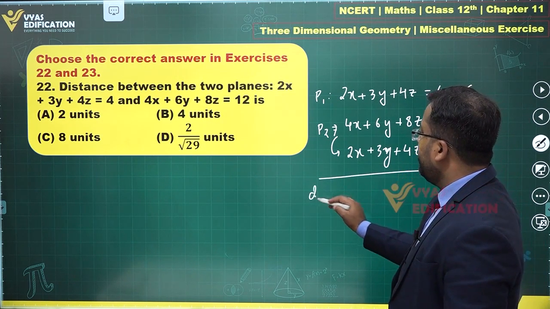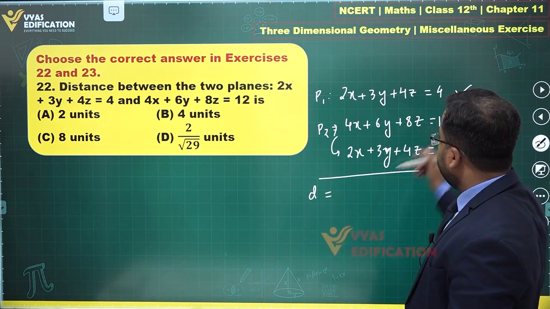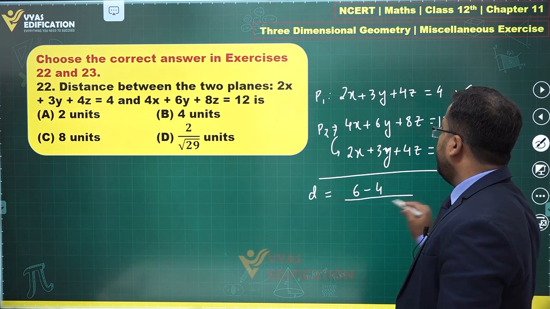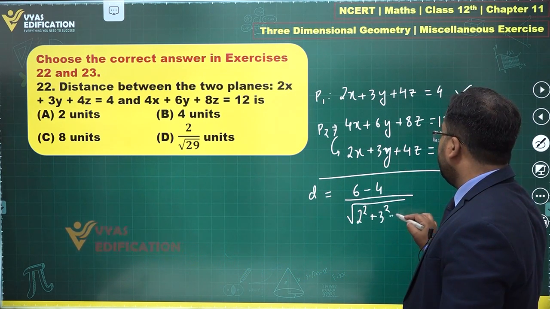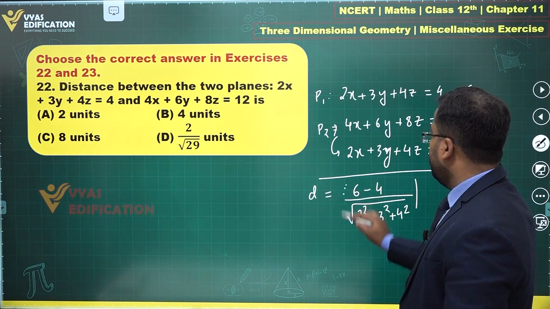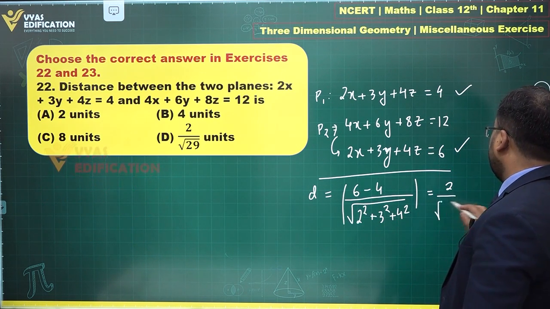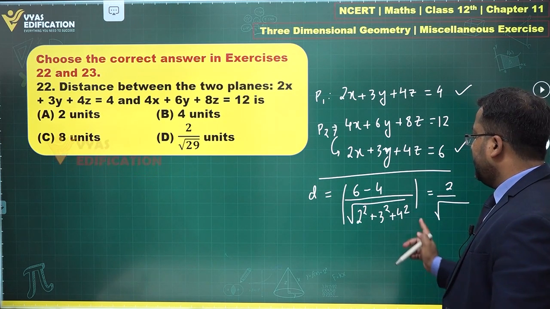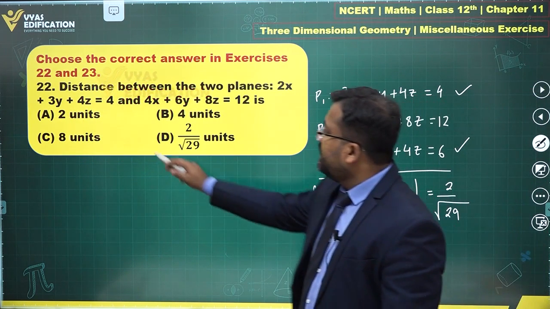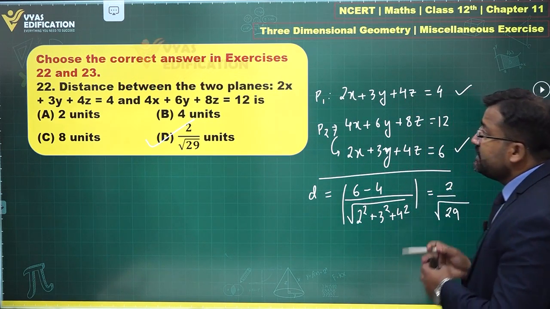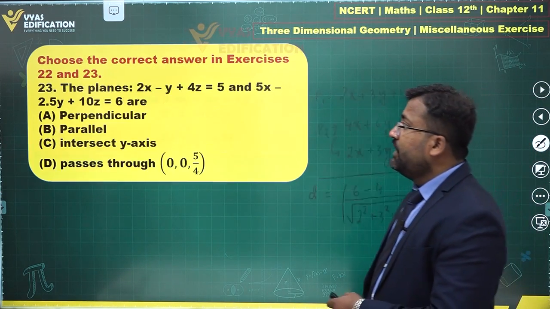Therefore the distance between the two planes will be d1 minus d2, which is 6 minus 4 upon under root of a square, b square, c square, 2 square, 3 square, 4 square, with a modulus. This is 2 upon under root of 4 plus 9 plus 16, which is root 29. That's my correct answer. Yes, the correct answer is option D, as you can see over here.